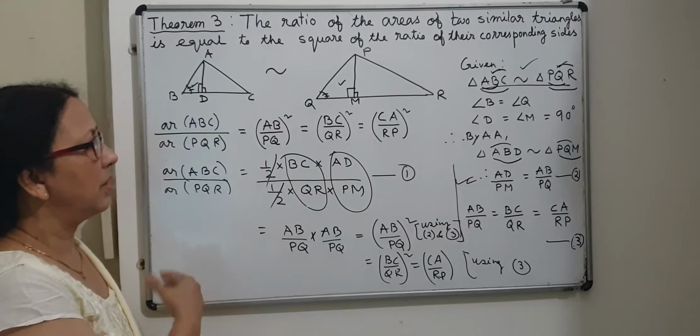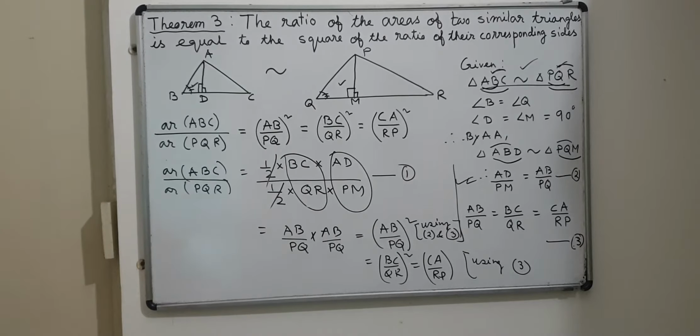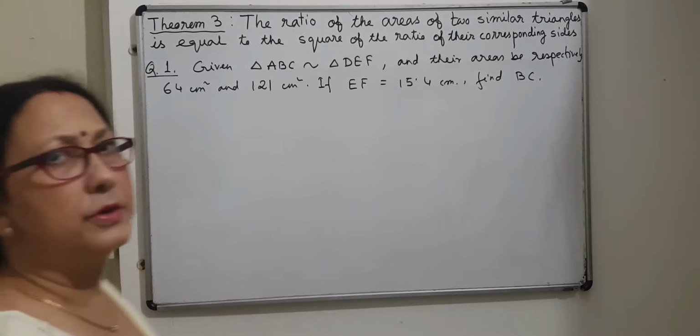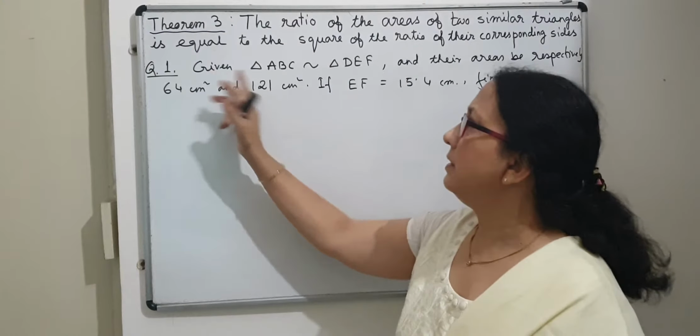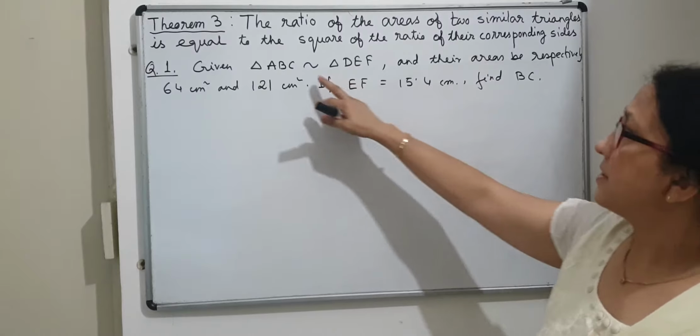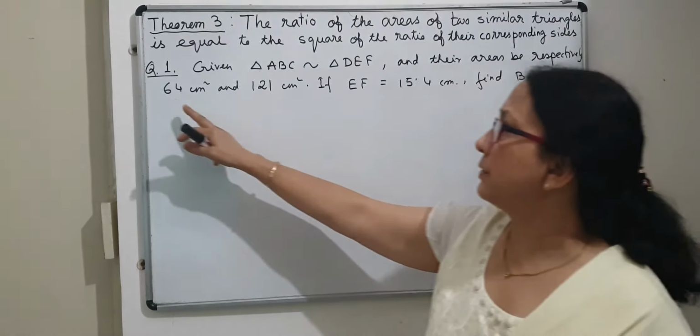Okay, so now we'll be seeing some applications of this theorem. The question I have taken is this one. Given triangle ABC and triangle DEF are similar, and their areas are given to be this and this.